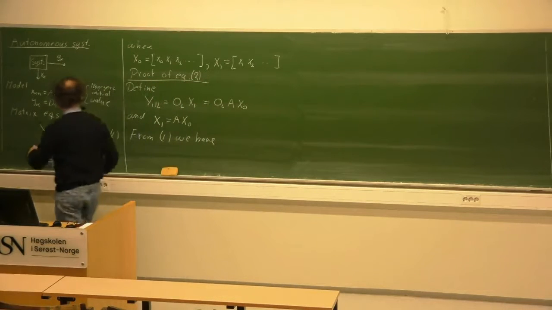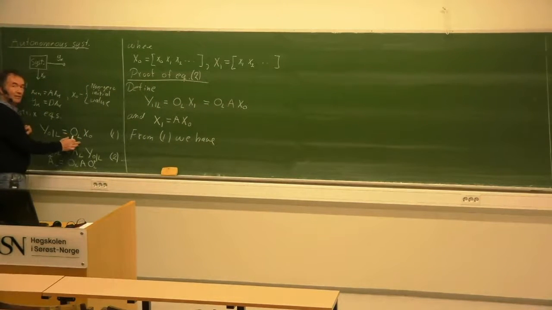Of course, if this extended observability matrix is square and invertible, we can multiply from the left with the inverse of it to obtain X0 alone.